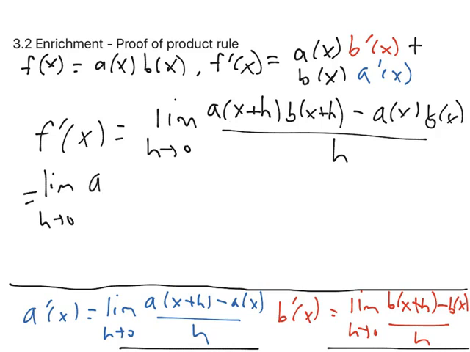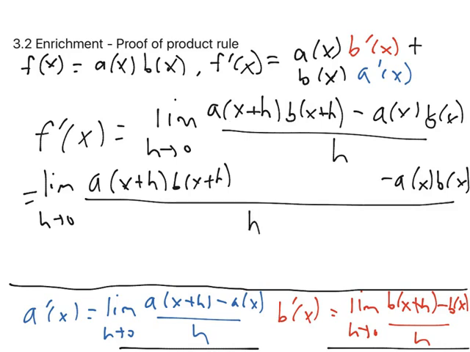So I have this term, and I have this term. I'm going to separate them, that's okay. And in between, I'm going to add and subtract the same term. That's okay because it's the same value.